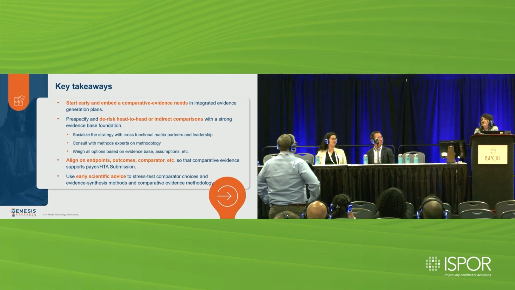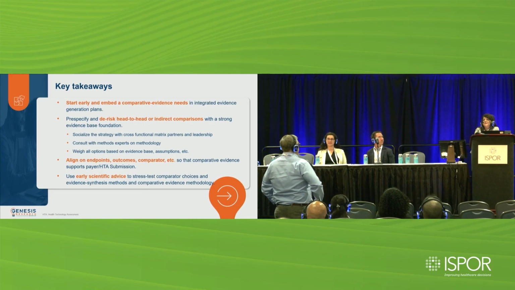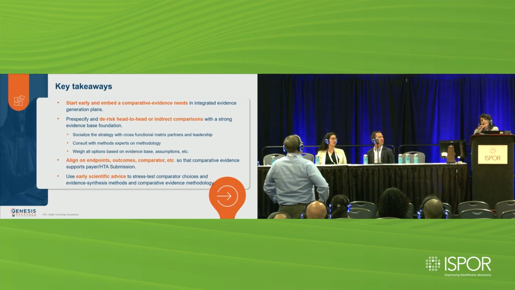You do have to grapple with multiple comparators across multiple different countries, and therefore you might land up with dozens of ITCs and hundreds of PICOs. That's something we've been grappling with already in terms of generating all these PICOs and prioritizing them based on input from the country affiliates as well as JCA.